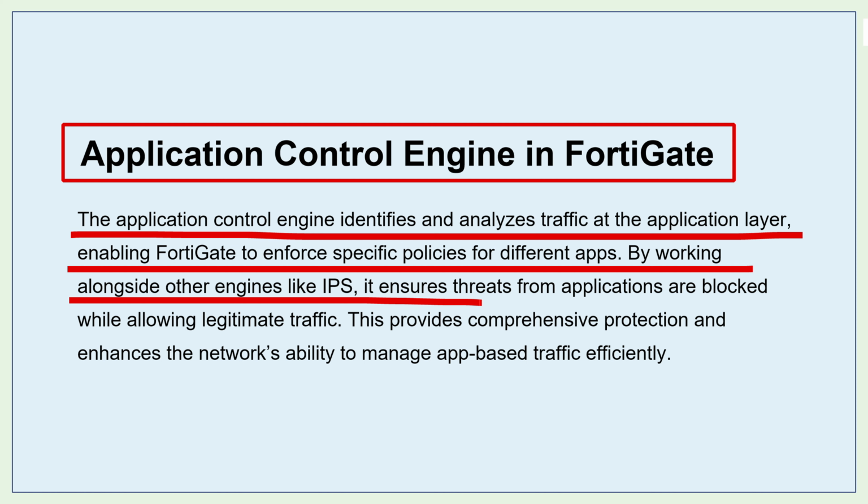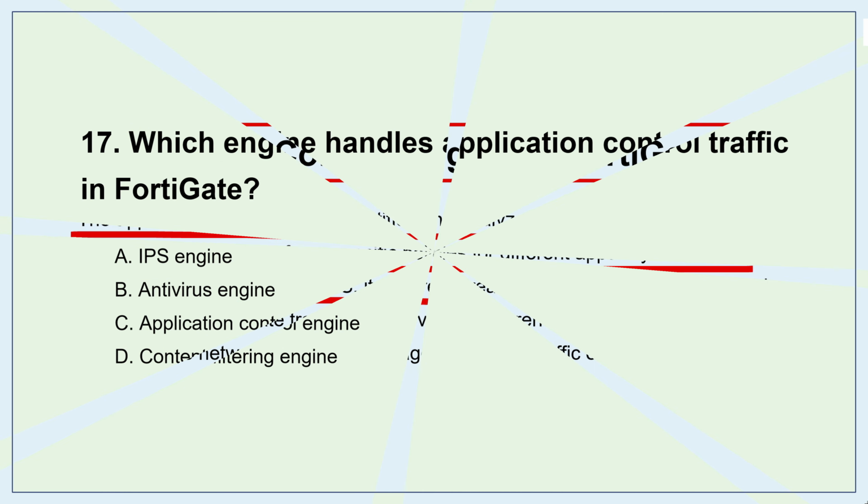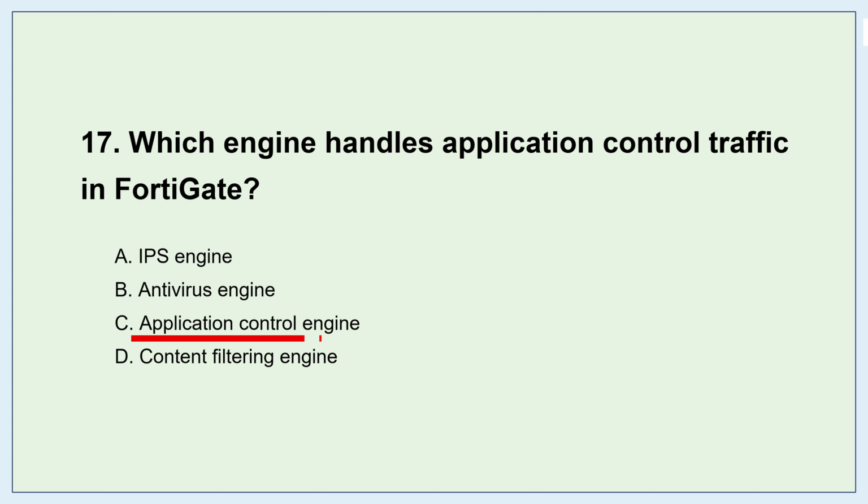This keeps your network secure and traffic under control. Correct. The application control engine manages app-specific traffic. Incorrect. These engines handle other security features.